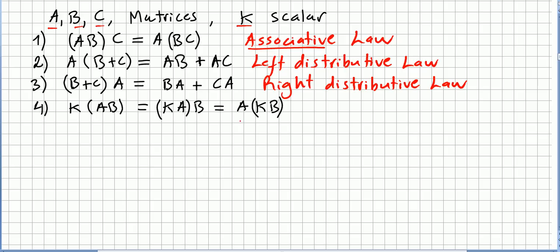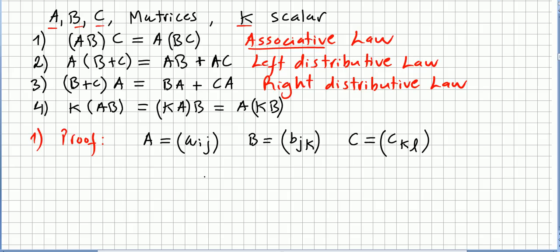I should provide some proofs for some of this. Let us prove the first one. So A will be matrix Aij, B will be matrix Bjk, and C will be matrix Ckl.